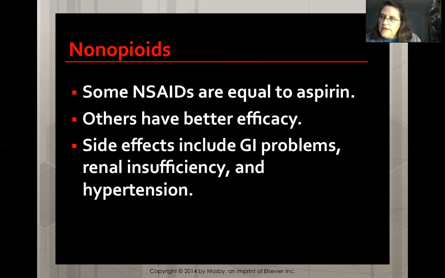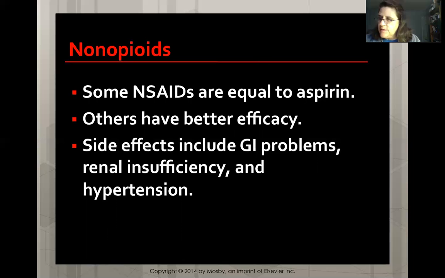Some NSAIDs are equal to aspirin. Others have better efficacy. Side effects include GI problems, renal insufficiency, and hypertension. Patients vary greatly in their responses to specific NSAIDs, so when one NSAID does not provide relief, another should be tried.